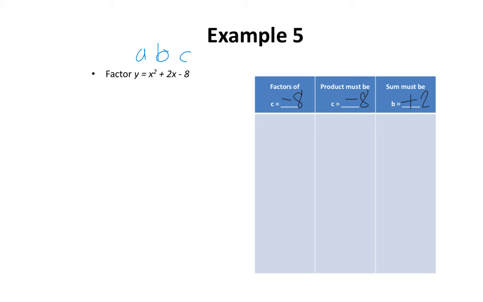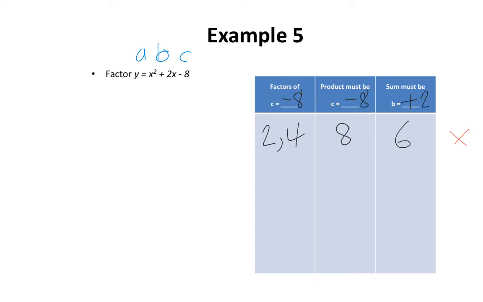So I suggest you take this very slowly by starting out with the incorrect answers and slowly working your way to the correct answer. Let's start with maybe 2 and 4. Well, 2 times 4 is positive 8. Obviously, those don't work. And then 2 plus 4 is 6. As you can see, those numbers don't match, so that is not a good combination of factors.